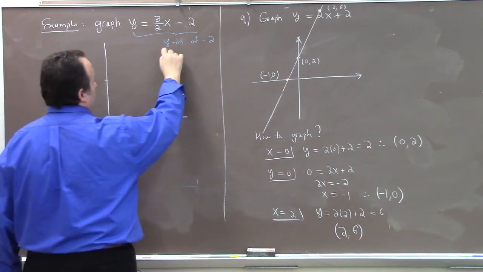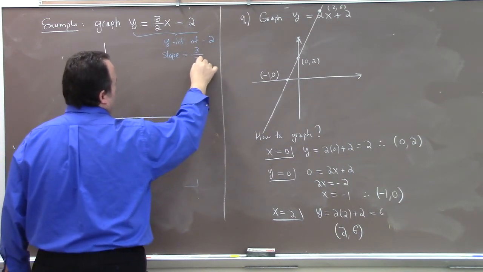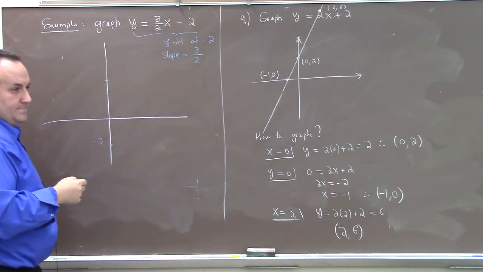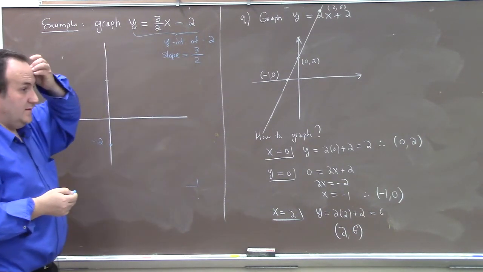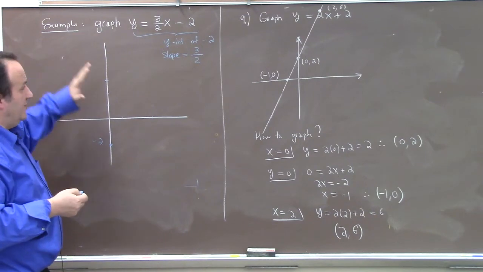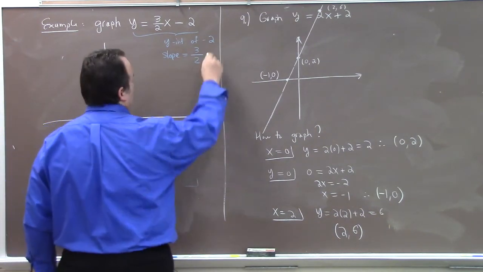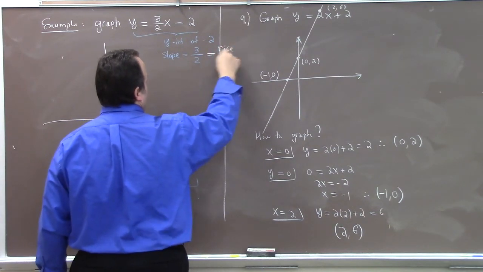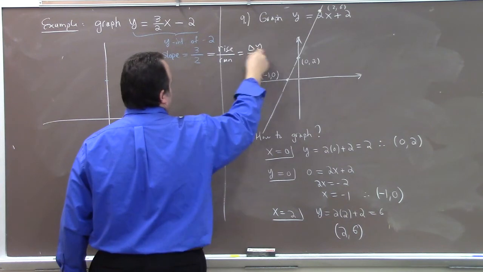What's the slope? 3/2, right? That's the coefficient of x, which is the slope. So that means that in the graph, rise over run is 3/2, right? Or change in y over change in x, right?